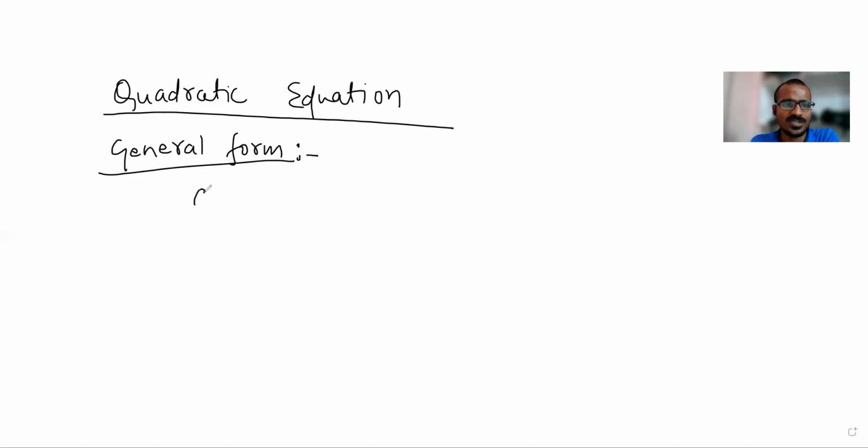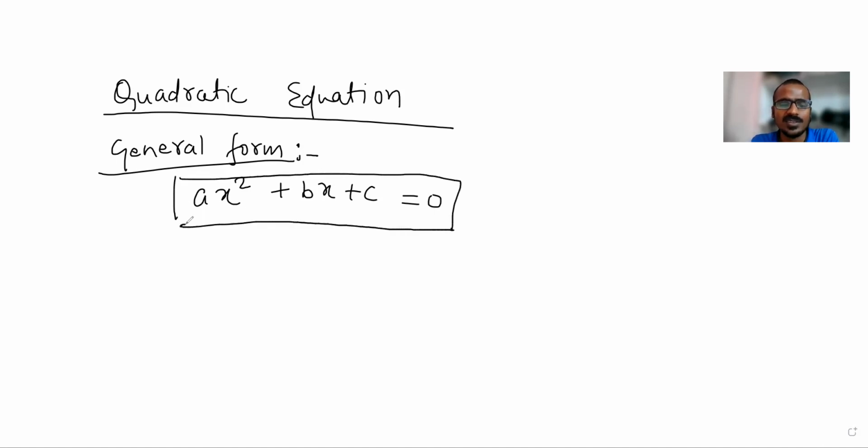The general form looks like this: ax square plus bx plus c is equal to 0. This is a very important general form of a quadratic equation. Look very carefully: ax square plus bx plus c.